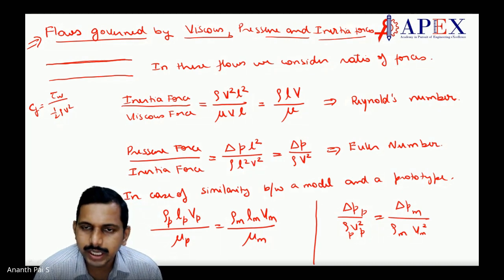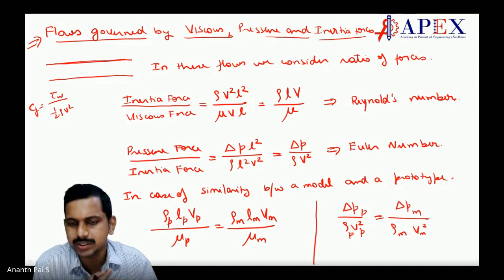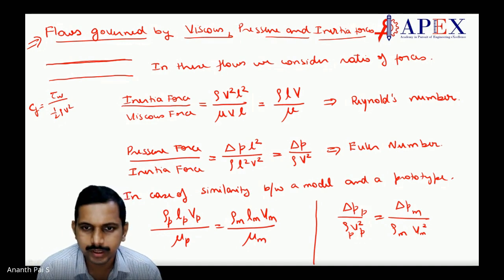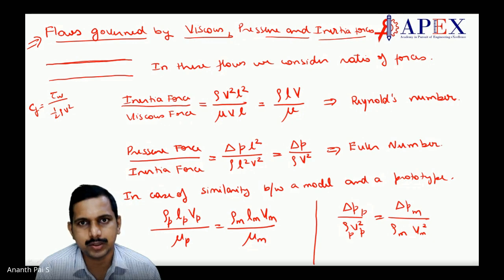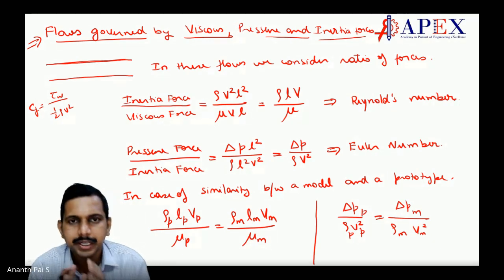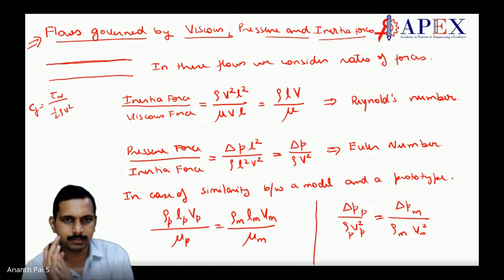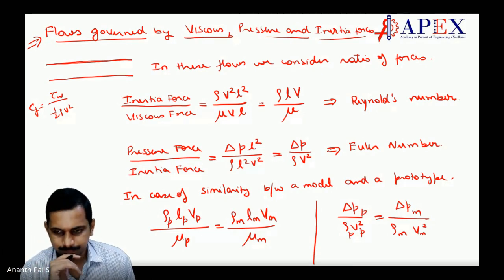Here, we will see which are the types of flows where we can use this similarity. These similarity laws, that is Reynolds and Euler numbers, we will see which places we can use them. Similarity of Reynolds number and similarity of Euler number.